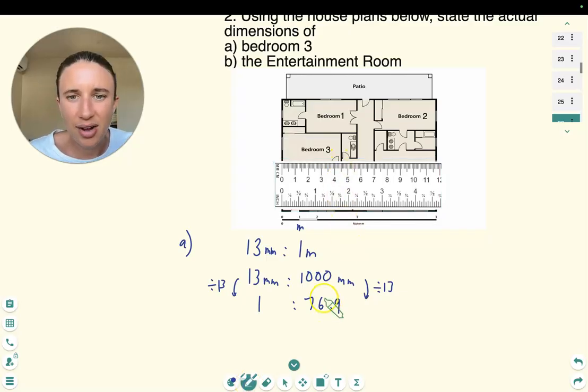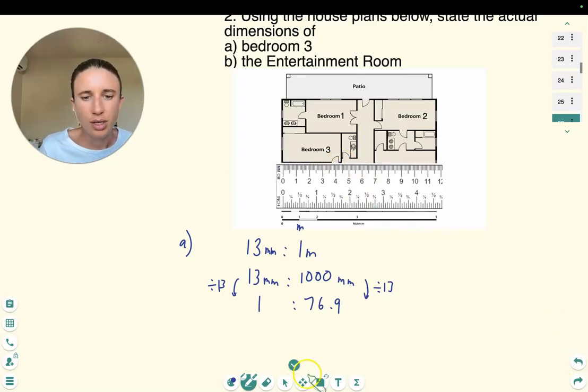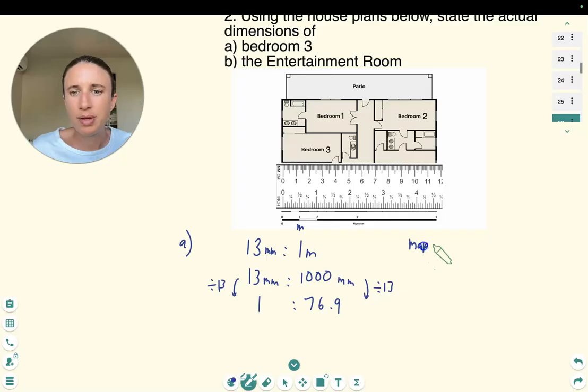So this is going to be our length of bedroom 3, okay? So it's 4.5 centimeters. So let's write down some stuff. So the map distance, map length, equals 4.5 centimeters.